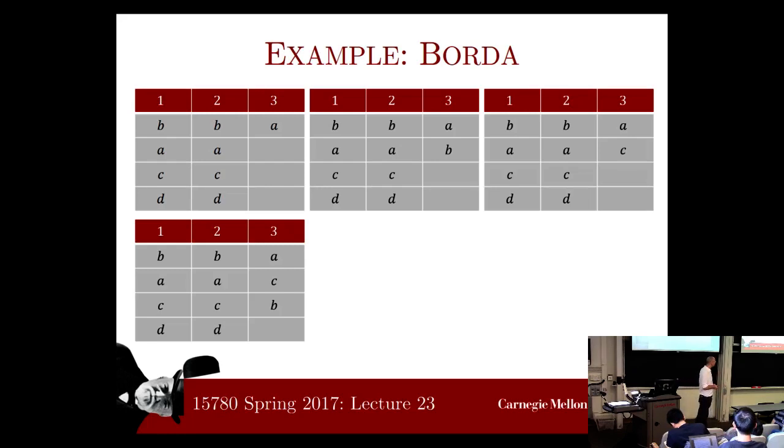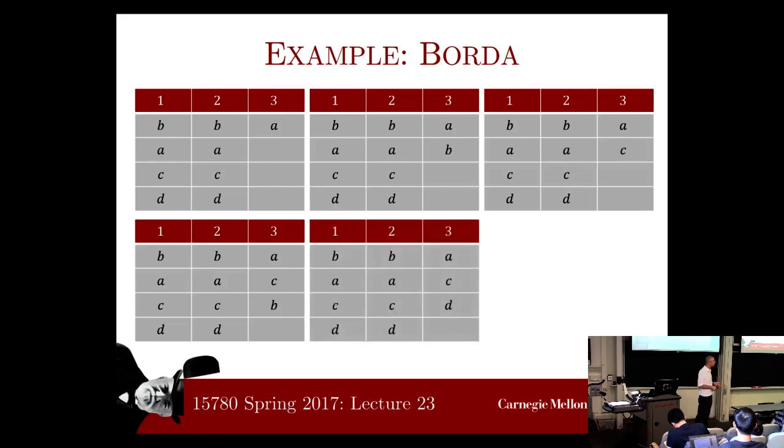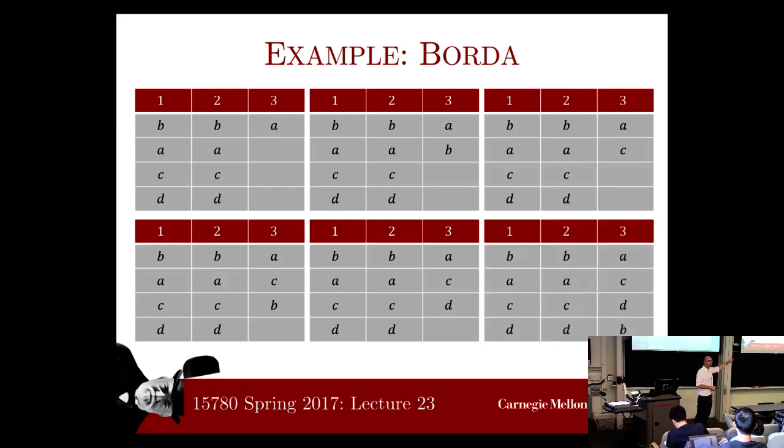So B doesn't work, so then it's asking, can I put D in the next position? So of course, yes, D would have only 1 point, that's fine. And finally, it's asking, can I put the last alternative B in the last position? And then it's fine, because B has only 6 points, A has 7. So at this point, it says, great, I found the manipulation. I was able to make P win. Okay, so that's how this algorithm applies to the example that we saw for Borda.